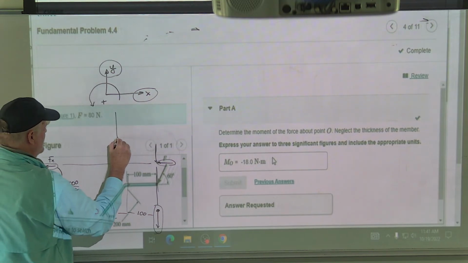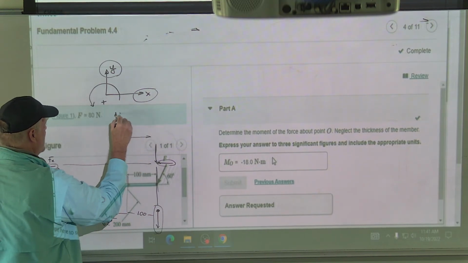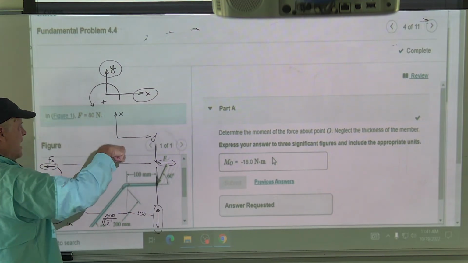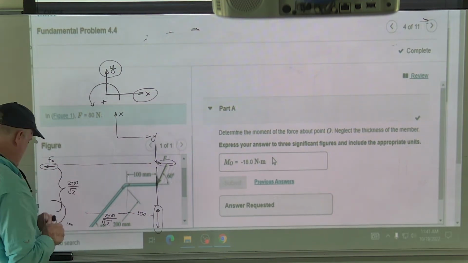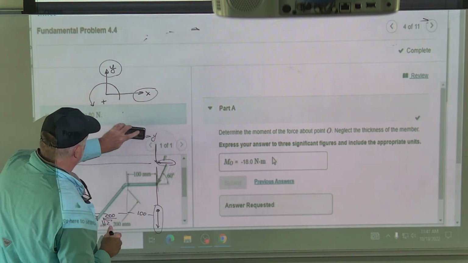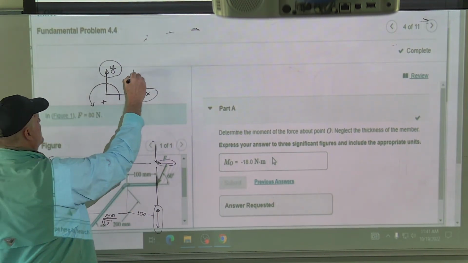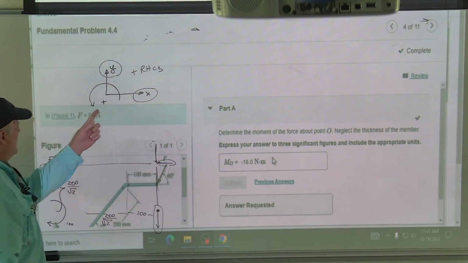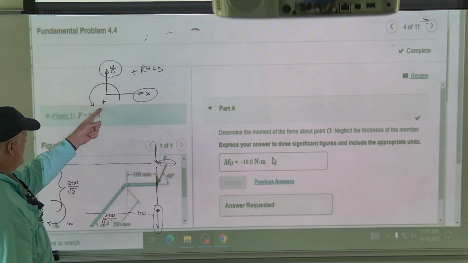If some crazy person wanted to draw it the other way, then I cross j would be the other way, but we don't do that. Generally we do it this way. So this is a positive right-handed coordinate system, and so that places that as being positive.